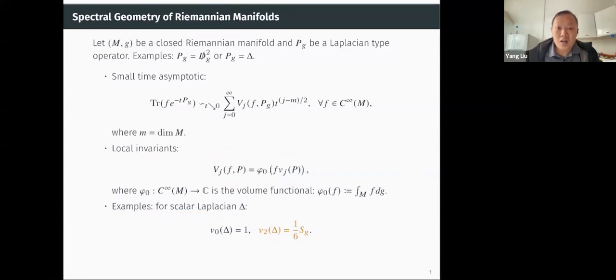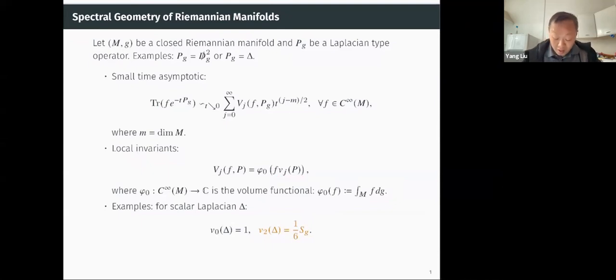If we take the geometric operator to be simply the scalar Laplacian, the first term is the Weyl term, which, up to some universal constants, is the volume term. In the second term, the functional density captures, provides a model to get at the scalar curvature.